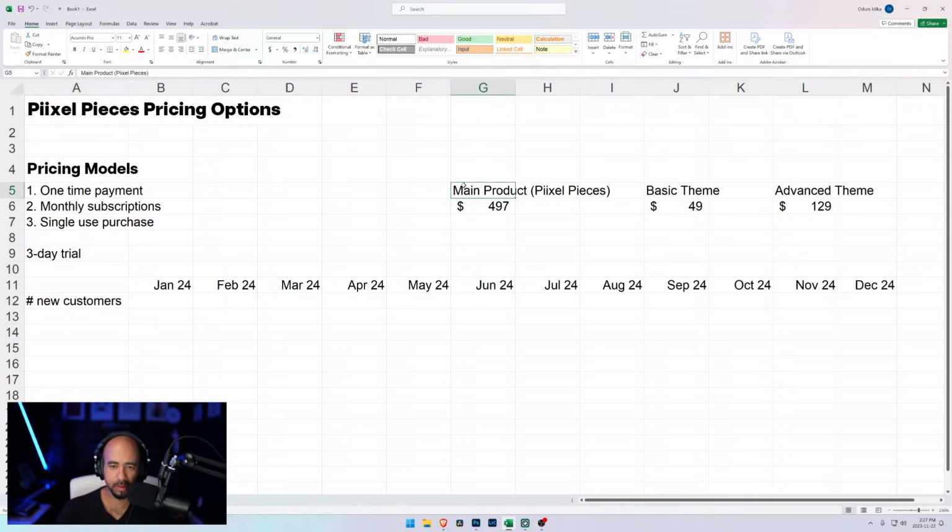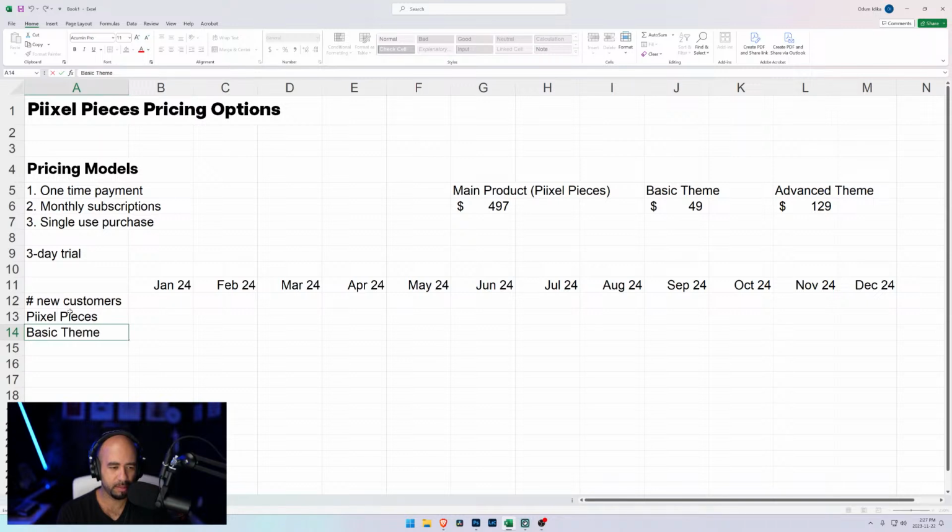So we'll just call it for pixel pieces. No, let's write it out. Pixel piece. There's probably actually spreadsheets that are already pre-built to help you do some type of modeling, but sometimes it's nice to just work it out by hand.